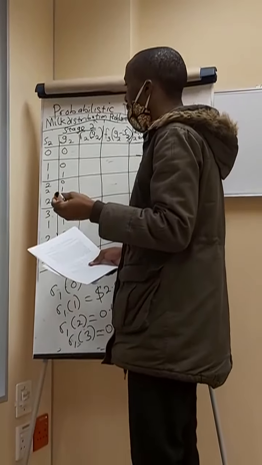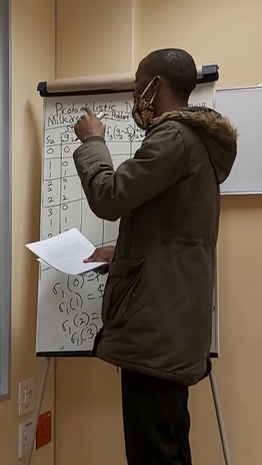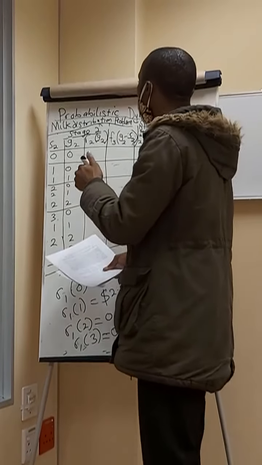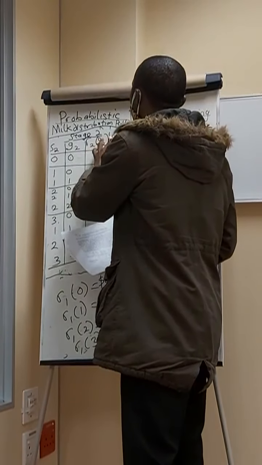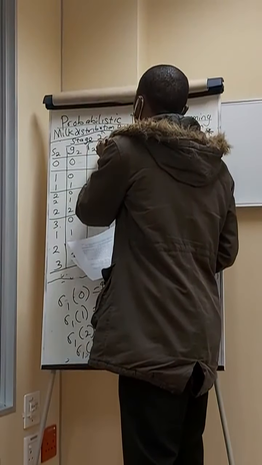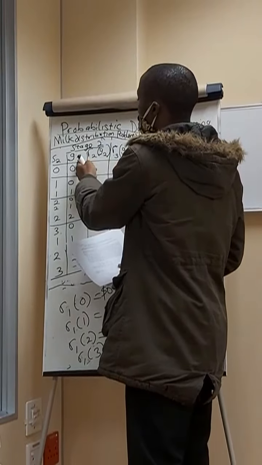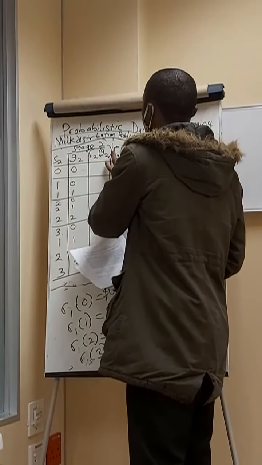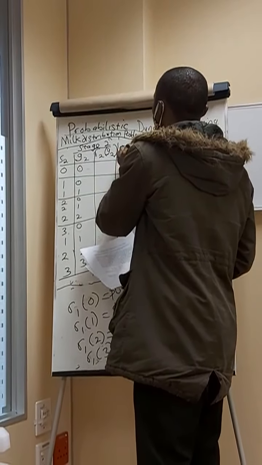Then don't forget, you remember it's a cumulative situation where stage 2 is a combination of what? Stage 3 and what? Stage 2. So that means we need to go and check what is the corresponding R3 of bracket S2 minus G2.